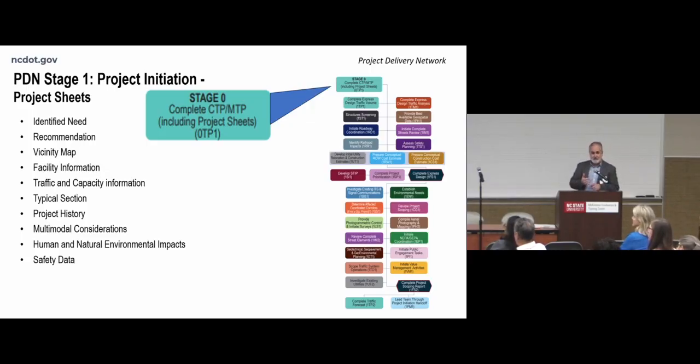It talks about the need. It talks about the recommendation that you have made for the project. It lists the facility map, the traffic capacity information, and a typical section. You've got all that key information, really like a piece of paper that is handed off at that stage.